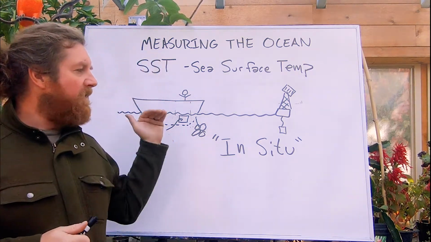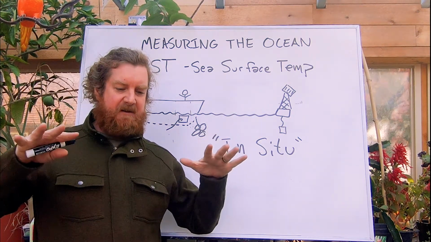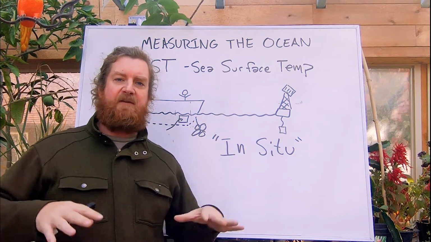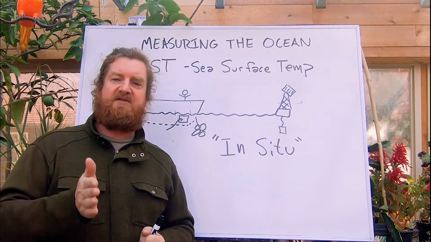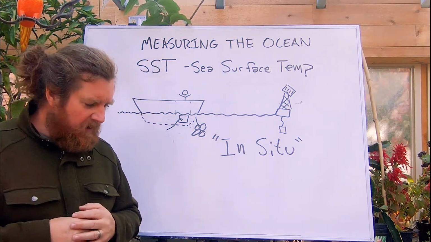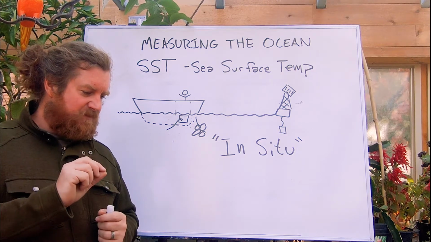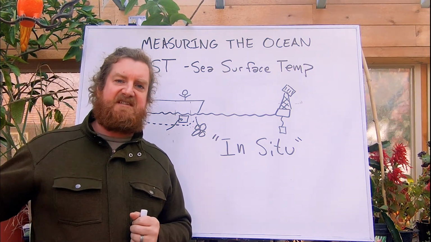One of the problems with satellites that are collecting infrared data off of the oceans and measuring temperature, again related to which frequency of infrared radiation is being given off, is that we just know the temperature of the skin, right?